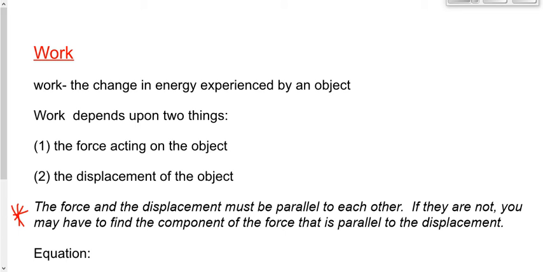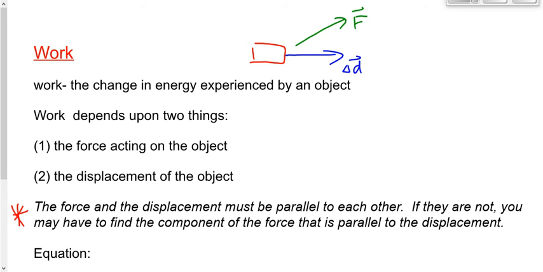If I want to do work on this wagon, I have to apply a force horizontally on the wagon that's moving horizontally. Now, sometimes you guys know that as I pull a wagon, in fact, most times I pull a wagon, I pull it at an angle. Well, does that count? If the wagon is moving this way, but I pull on it this way, yeah, that counts, or at least part of it counts.